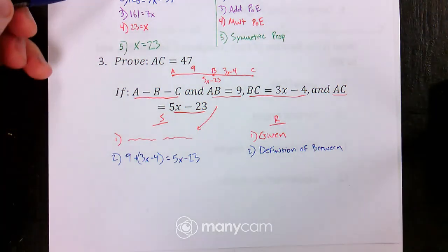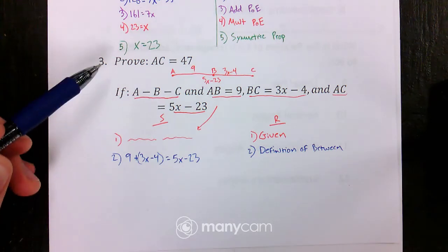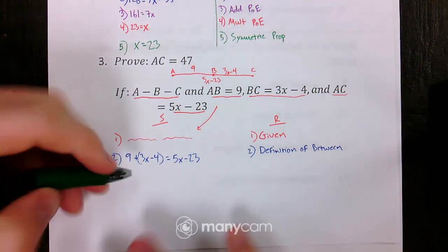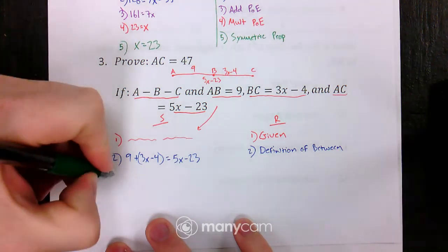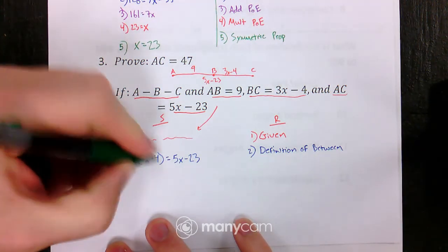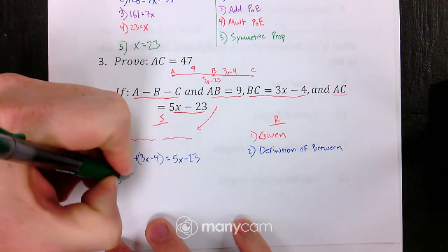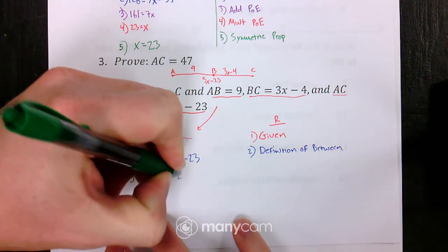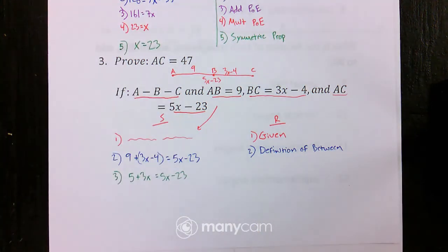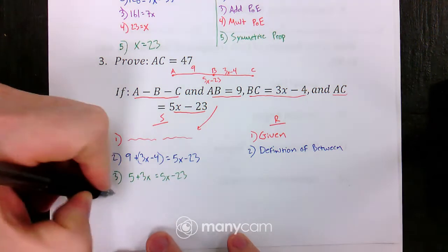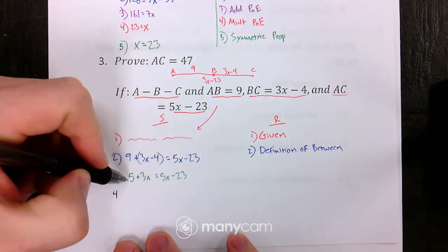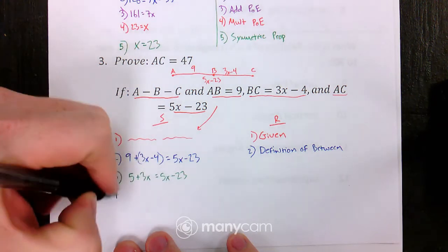Alright, now I just do exactly what I did up here, where I solve out all my steps. I'm going to go through all these steps and then I'll go back and add my reasons. So I simplify right here. 9 minus 4 is going to be 5 plus 3x equals 5x minus 23. I'm just simplifying, combining like terms. Then let's bring 23 over here and 3x over here.